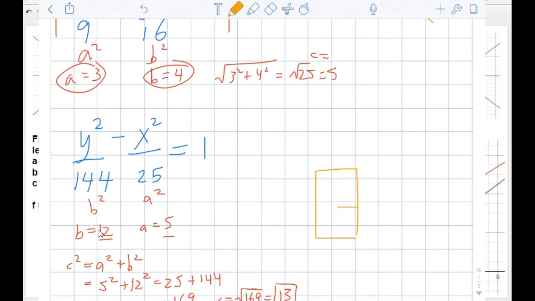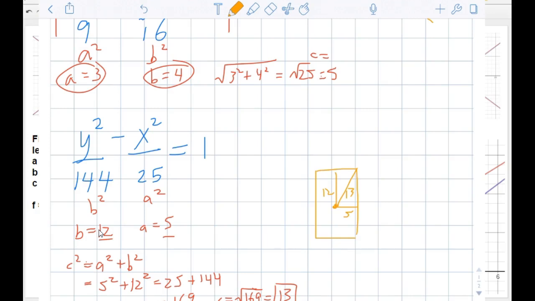So this would be 5 and this would be 12. And then this hypotenuse would be 13.